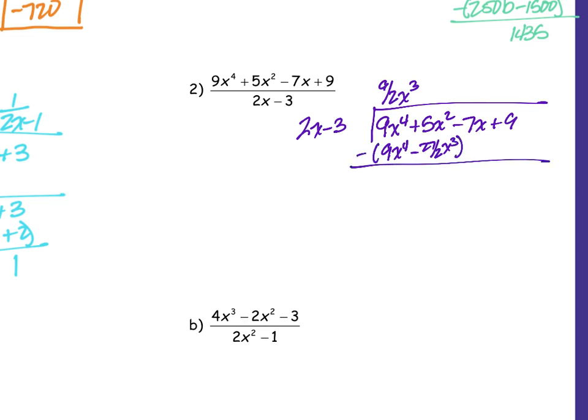Subtract. That gives me negative 27 halves x cubed plus 5x squared minus 7x plus 9. Then I'm going to multiply by negative 27 fourths x squared. So that gives me negative 27 halves x cubed plus 81 fourths x squared.